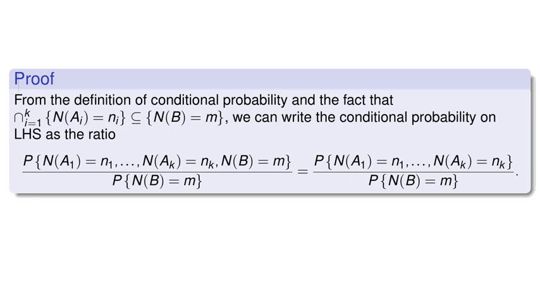This ratio is the probability of N of A1 equals n1 and so on till N of Ak equals nk and N of B equals m, divided by the probability of N of B equals m. Since the joint event for the Ai's already implies N of B equals m, this simplifies to the probability of N of A1 equals n1 and so on till N of Ak equals nk, divided by the probability of N of B equals m.